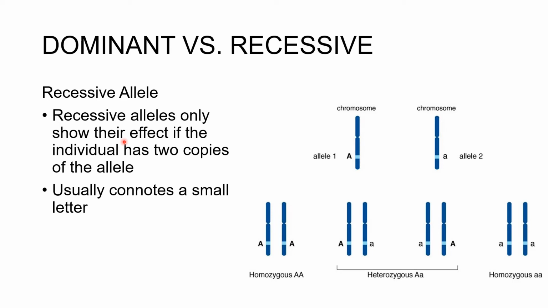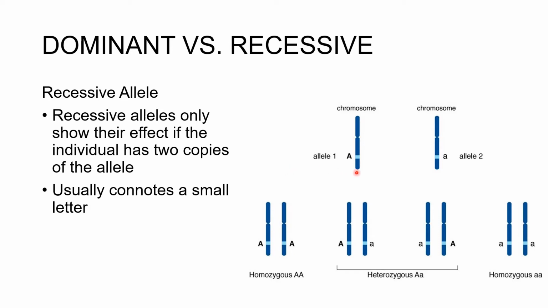Unlike yung dominant allele na kahit isa lang doon sa gene, makikita pa rin yung effect niya. Usually, yung recessive allele connotes a small letter, yung dominant allele connotes a capital letter.